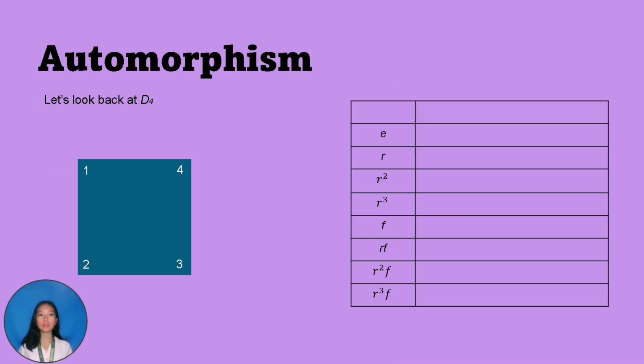Now let's look back at D4. We will show that D4 is isomorphic to itself, which makes it an automorphism. And we are going to collect all the automorphisms of D4, which are all the rotations and reflections of D4. We will be rushing this one because it was already tackled in our last video.